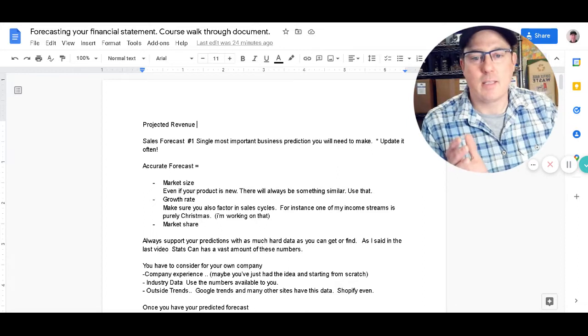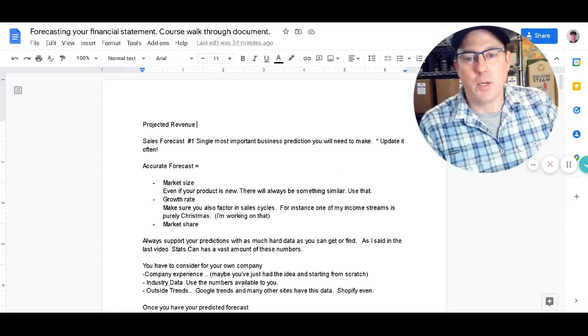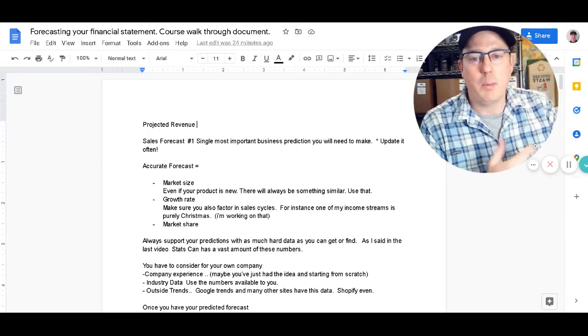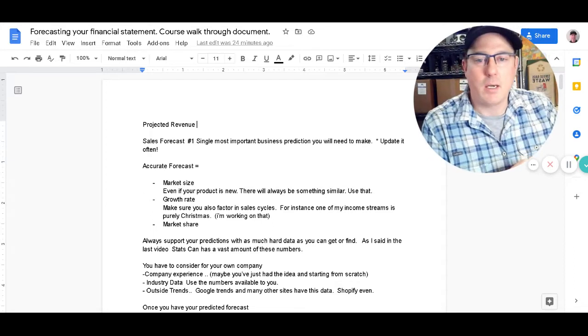Is it a billion pounds of coffee sold in a year in Canada, or how many people have a cup of coffee per day? So you're going to figure out your market size, and then what the growth rate is. The growth rate is what, 2%, 2.5% year over year.